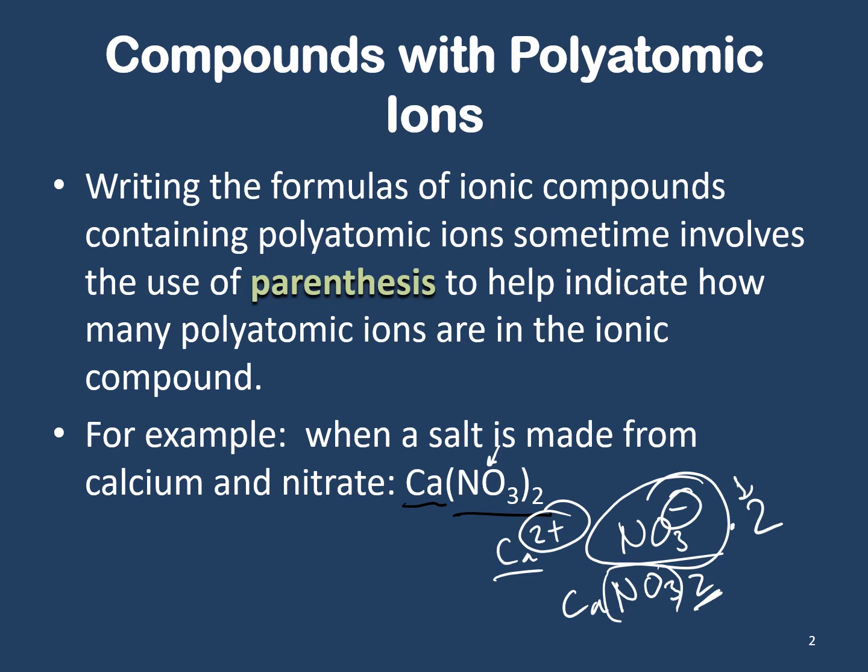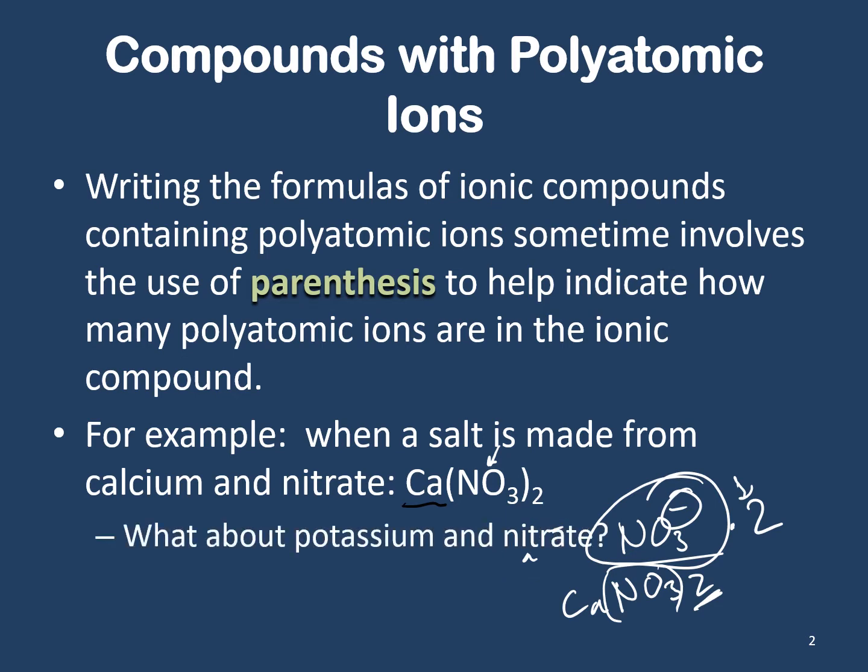We only use parentheses when there is more than one polyatomic ion present in our compound. If there are no polyatomic ions, then there's no need for parentheses. If there's only one polyatomic ion, again, no need for parentheses.